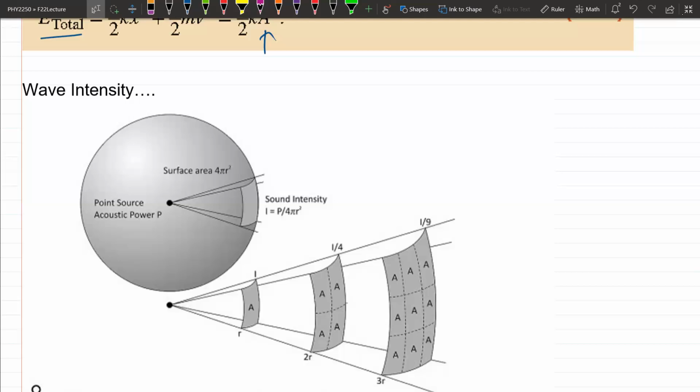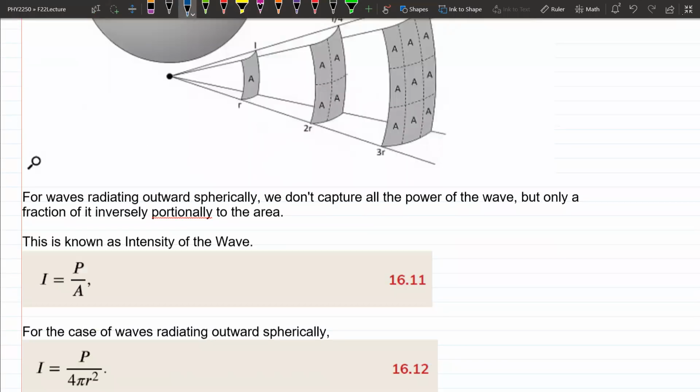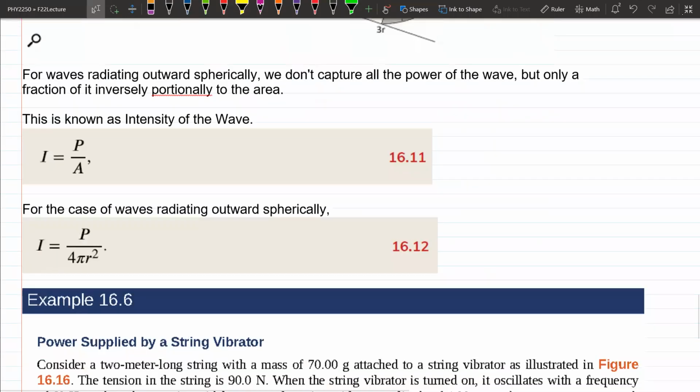So in order to calculate the intensity, let me give you the equation. The intensity for a wave radiating outward spherically, and this is only the case if it's radiating spherically, is the power, whatever power you calculated using that complicated formula up top, so you want to write this one down, divided by the surface area of a sphere, 4 pi times the radius of that sphere squared.